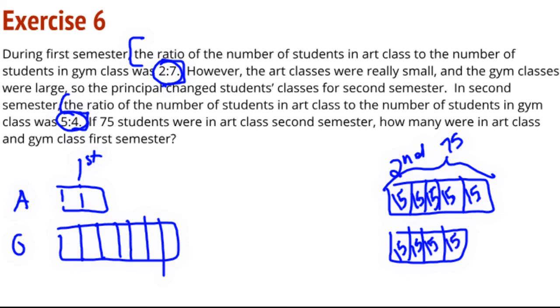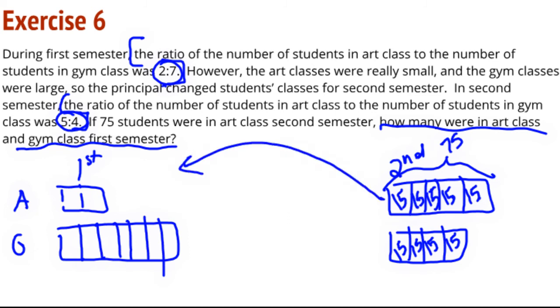And we are trying to figure out how many were in art class and gym class first semester. Well, this would transfer right over here, that 15, because I have the same number of students first semester, second semester. I have the same number of units first semester, second semester. They're both 9. That 15 is going to transfer right over.